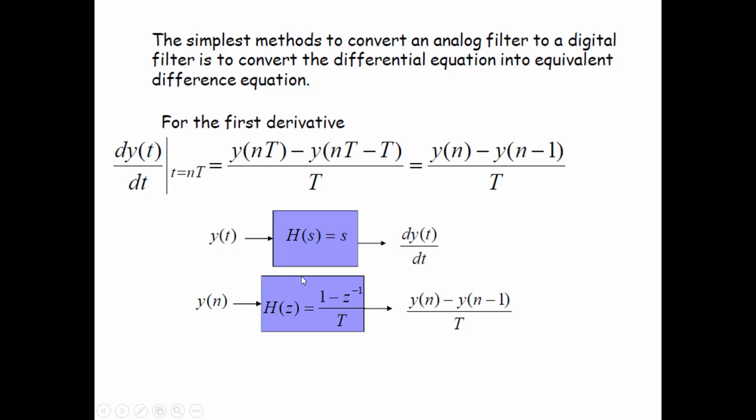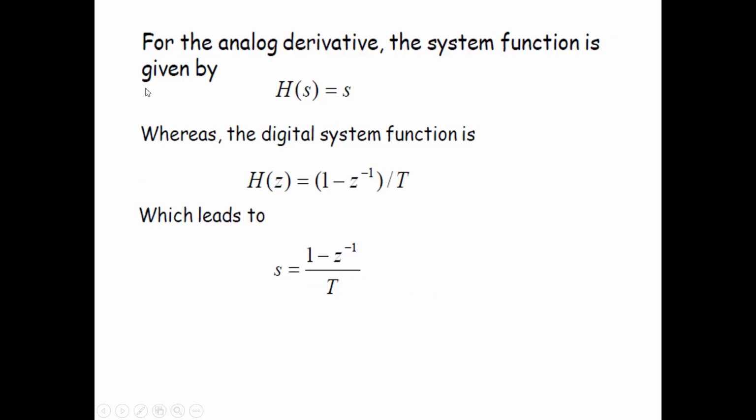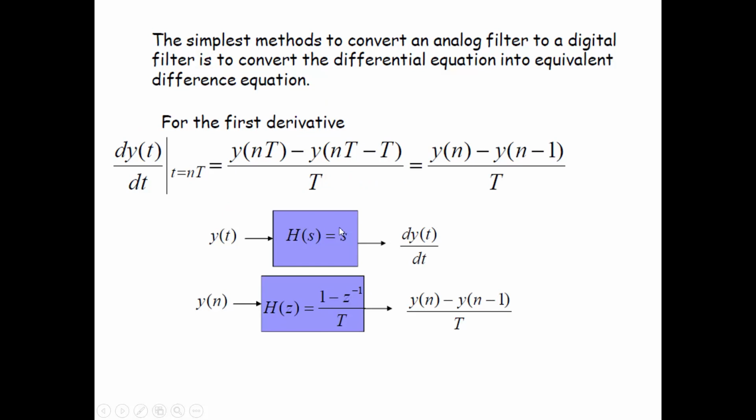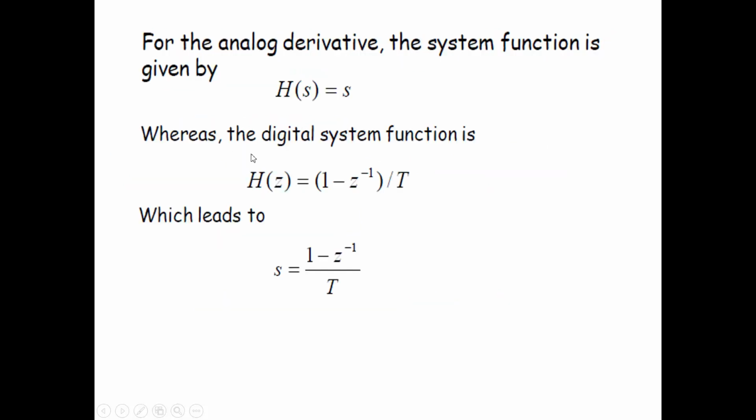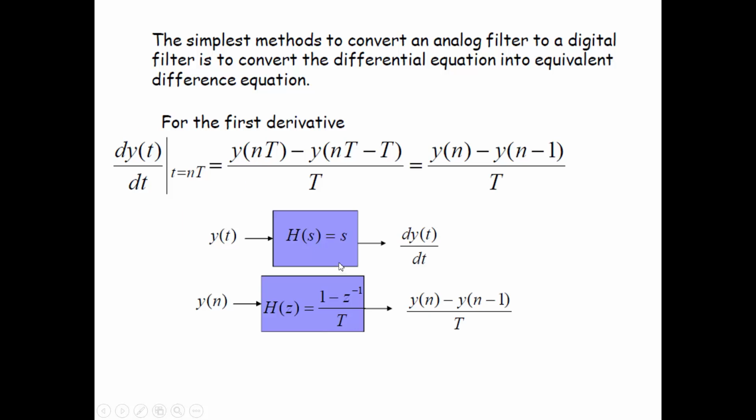So let's see the equivalence. The equivalence says, for the analog derivative, the system function is given by H(s) equal to s. We know from here the system function is related to s, whereas the digital system function is related to z.